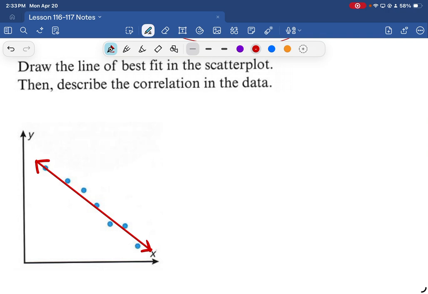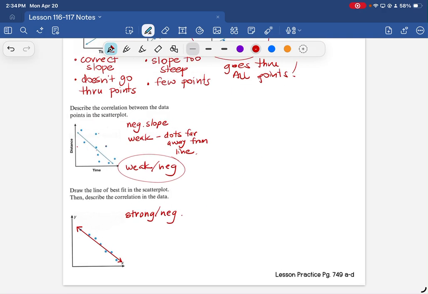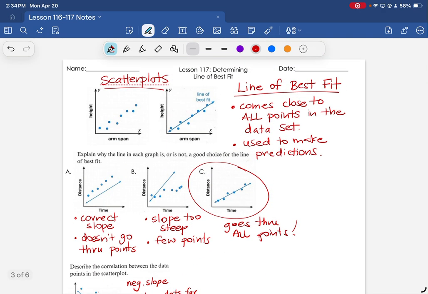And then, Thomas, what did you say it was? I said strong negative. Do you see how he got that? Why is it strong? Because it's going through the dots. Yeah, the dots are really packed tight. And it's negative because it's going that way. Very good. It's negative because it has a negative slope. All right. That's the end of this lesson.